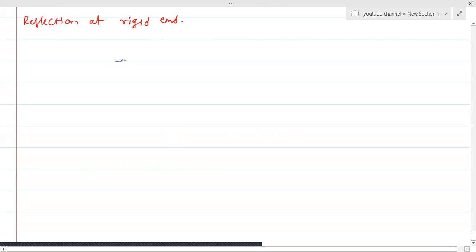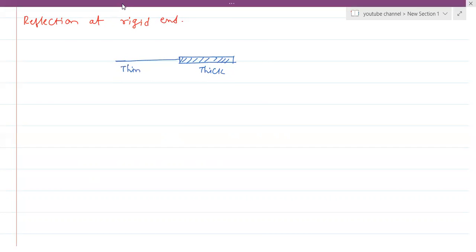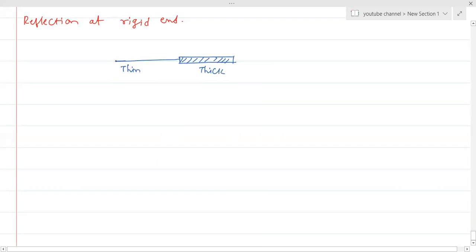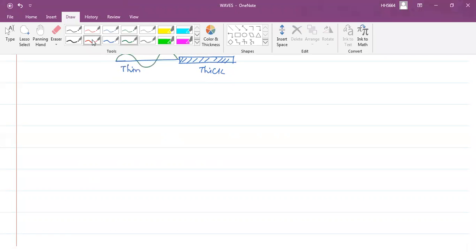Suppose we will understand what is the rigid end. Suppose I am taking a thin wire, and later on a thick wire. So this is the thick wire and this is the thin wire. For example, I am taking that a wave is propagating like this, and it is reflected back.